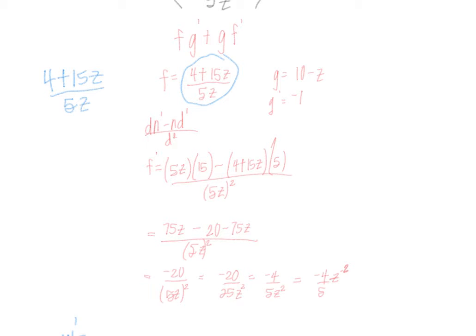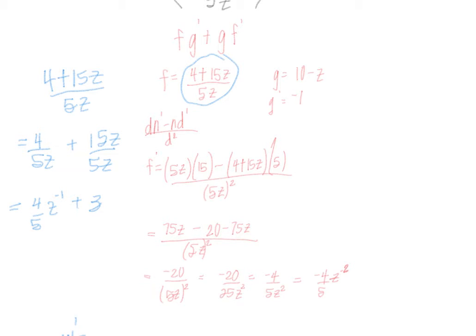You could also think of that, and I think I'm going to rewrite it, as 4 over 5z plus 15z over 5z, which is 4 over 5 z to the negative 1 plus 3.